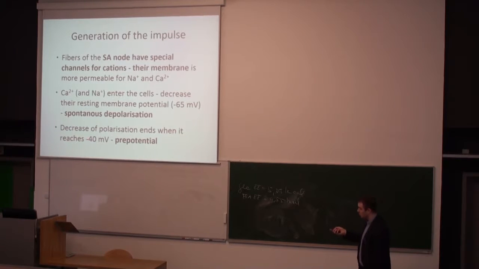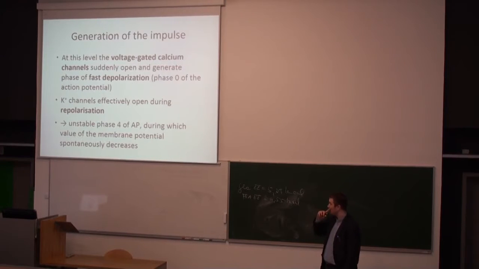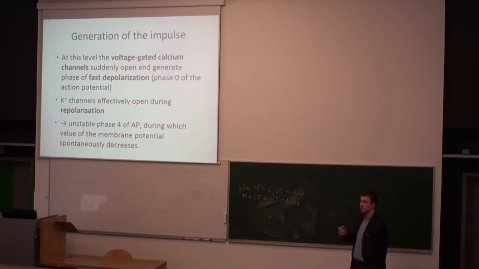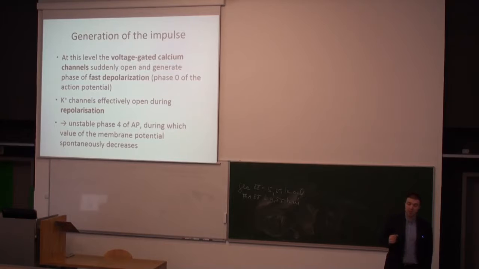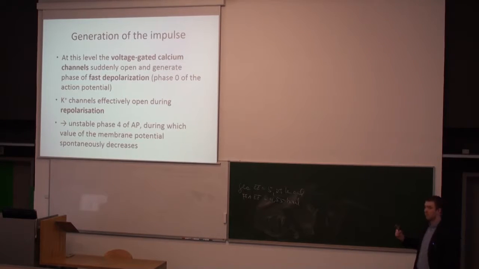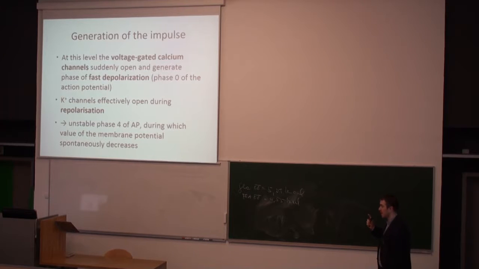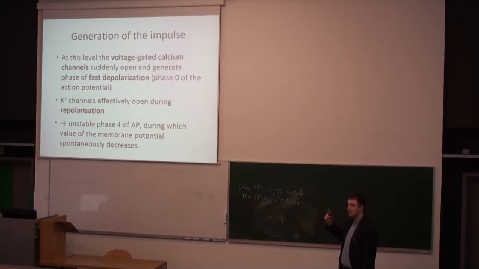When you reach the potential of -40 millivolts, then you open a different kind of channels, the voltage-gated calcium channels. You know that in a normal neuron, the ion that stands behind depolarization is sodium. In these cells, it's not sodium, it's calcium.